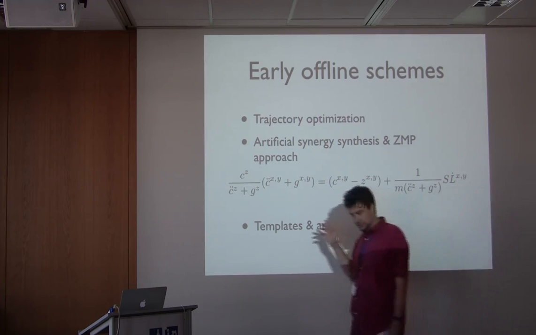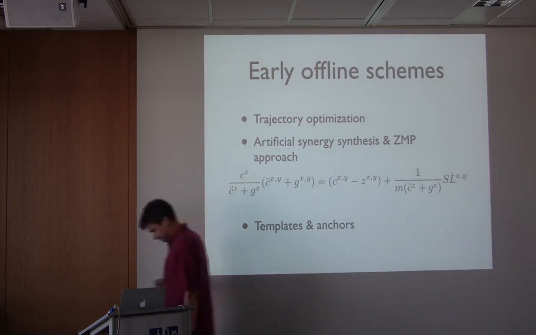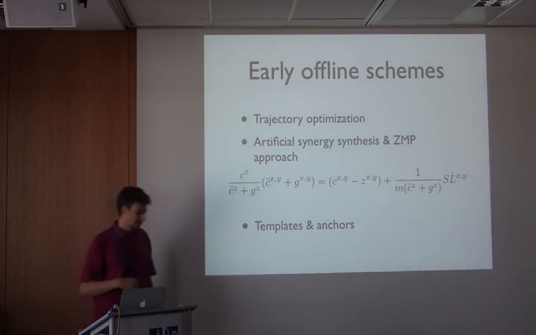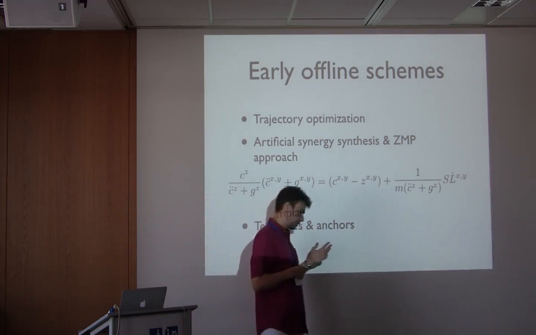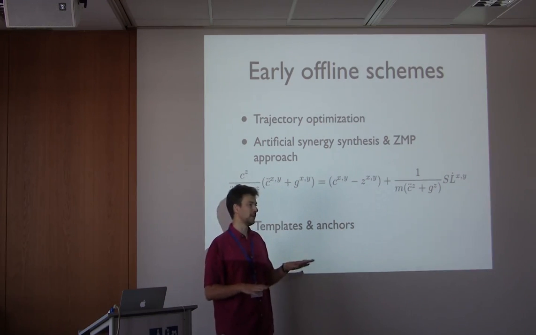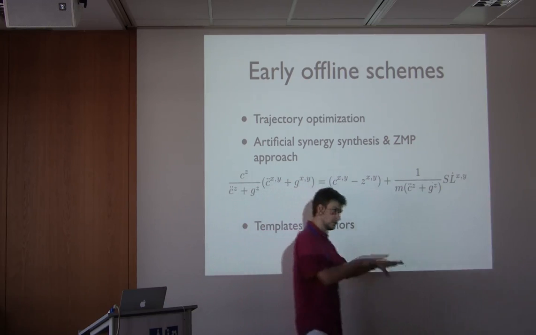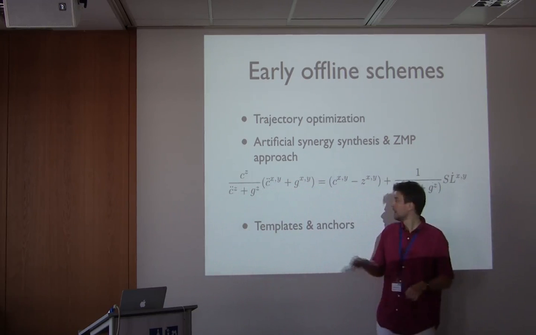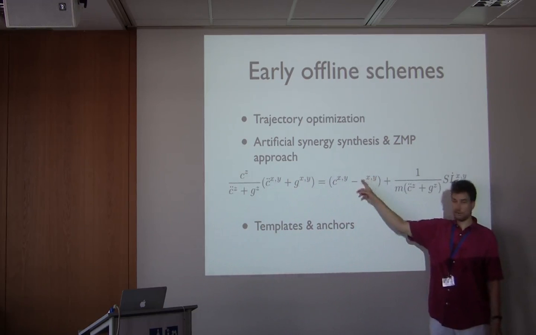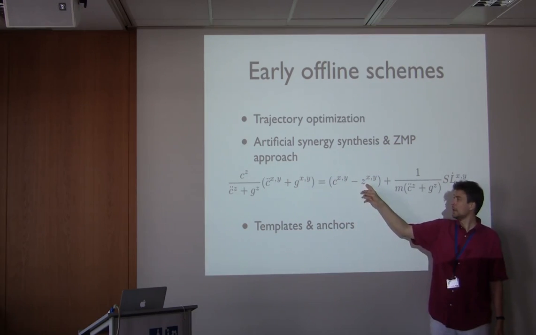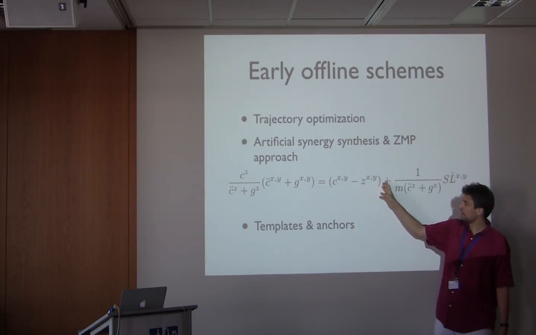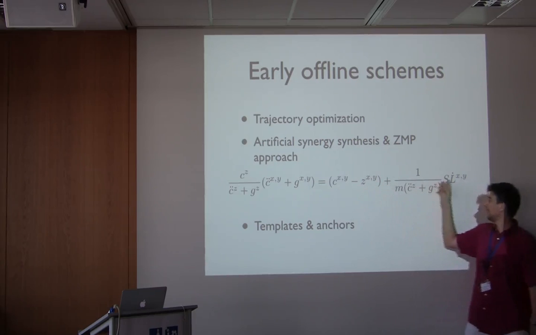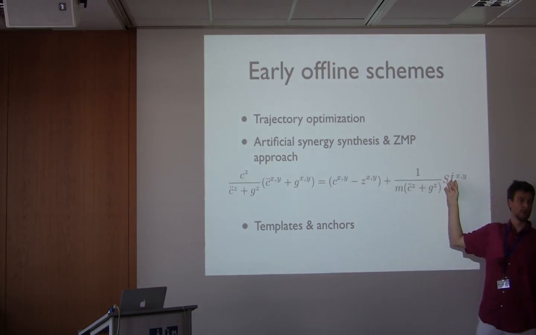And that gave rise to what's called the ZMP approach. Because here, of course, since you predefine the position of the steps, you can predefine the position of the center of pressure. So then it's just a matter of solving this equation to find how to equilibrate your motion.